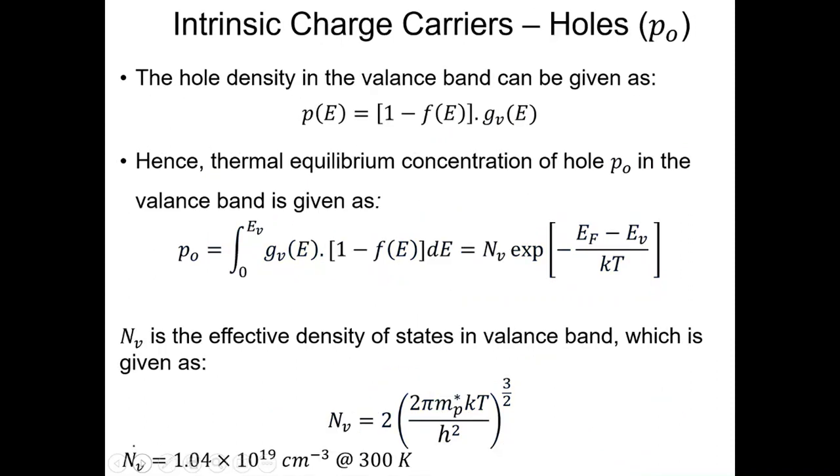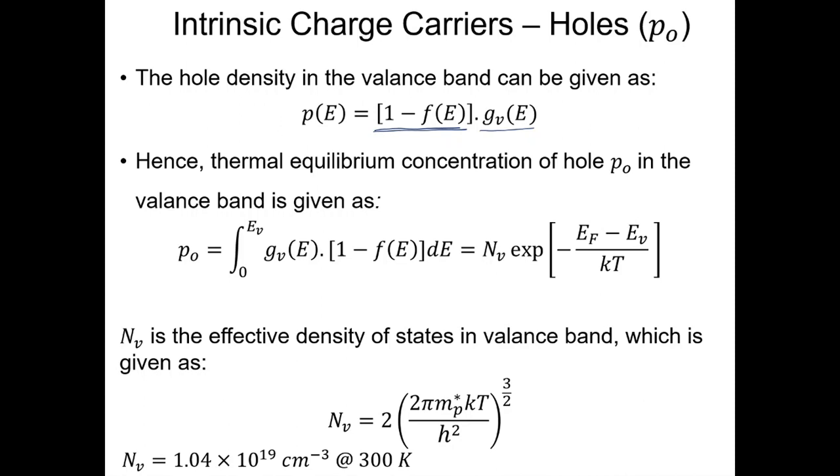Okay, now the same maths you can do for holes. The only difference in this case, as I said earlier, is that for holes you have to take a product of the probability of a state being unoccupied in the valence band and the available states, or the density of states for the valence band.